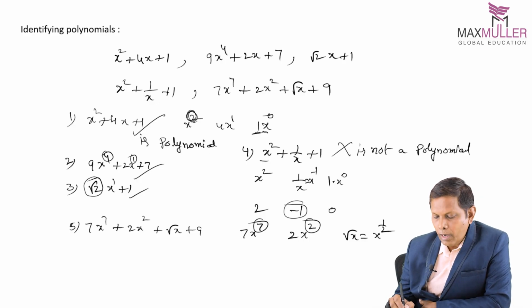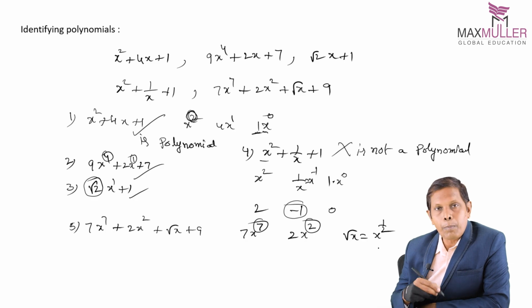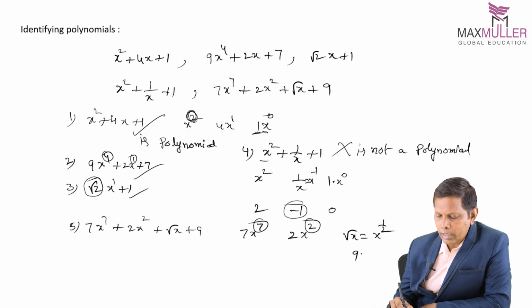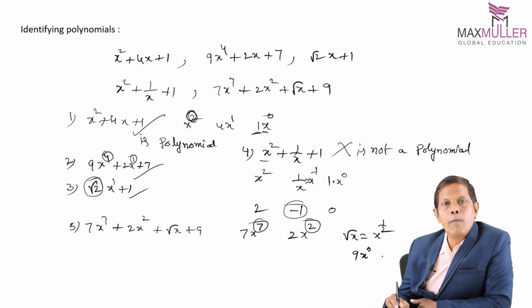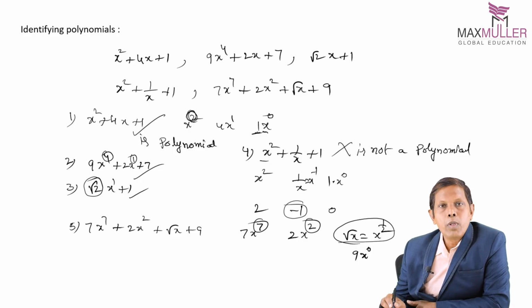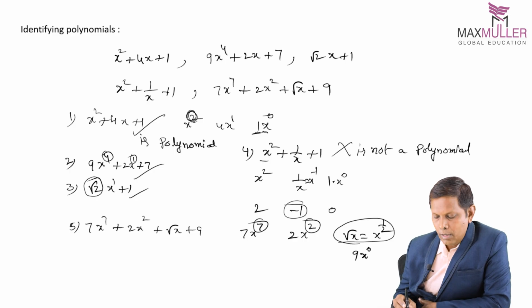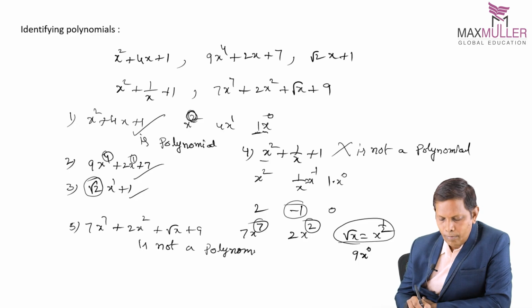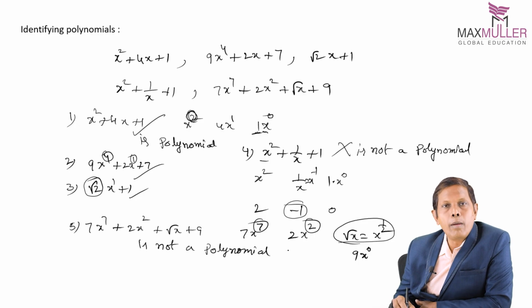Here that power is a rational number. The last one is a constant term with degree 0. Here we have one term with a rational power, so this is not a polynomial.